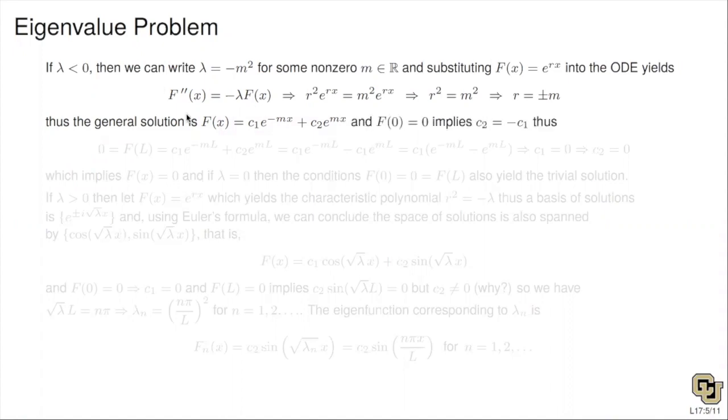Here, if you let x equals 0, both exponential terms disappear. On the other side here, we set it equal to 0. And now you can move C2 over and get the conclusion that C2 equals negative C1.